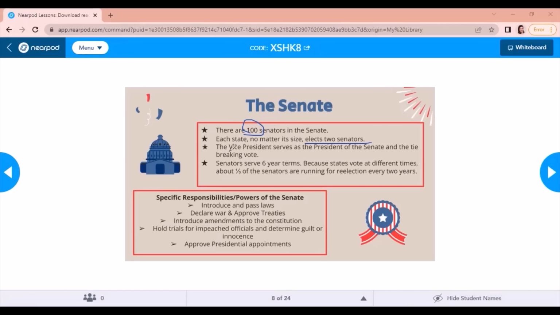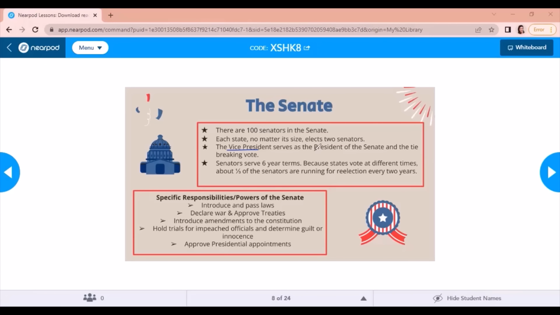So the vice president serves as president of the Senate and the tie-breaking vote. So the vice president breaks ties. It doesn't happen very often. So it will be something very controversial. Usually you would know ahead of time and the vice president would plan to be there.